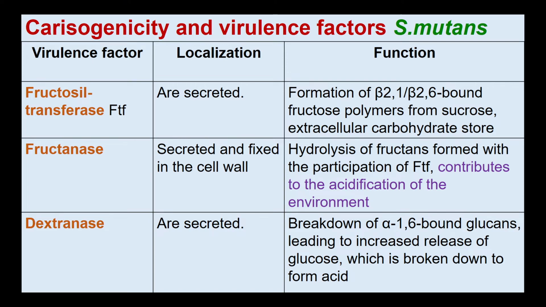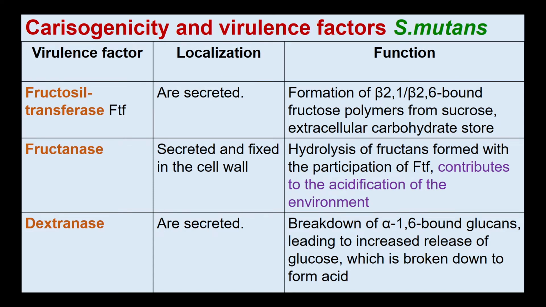But you, as stomatologists, should know that exogenous sucrose is not always needed to initiate the process of caries, because these bacteria can accumulate different types of carbohydrates as stores. As a result, Streptococcus always has products to break down and produce acid to lower pH and initiate destruction of enamel.